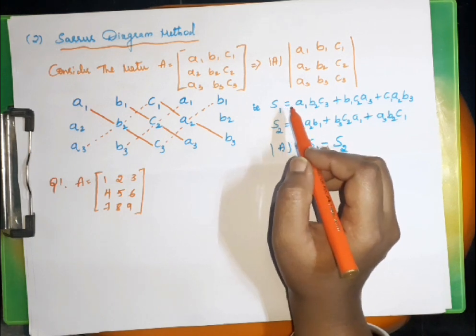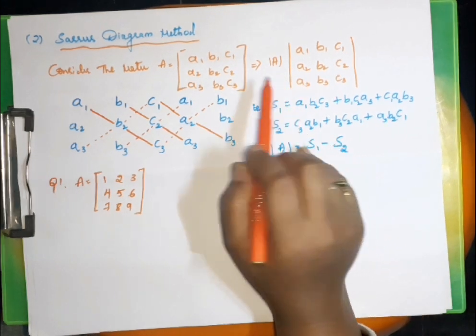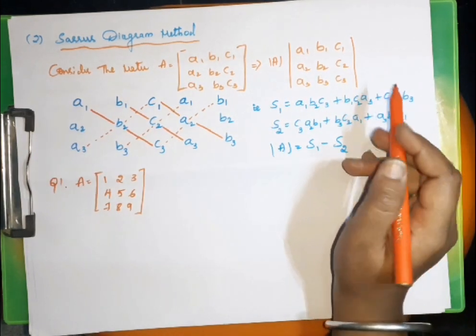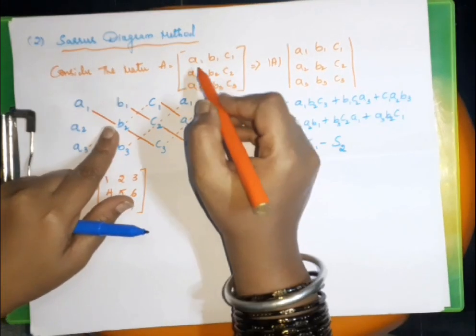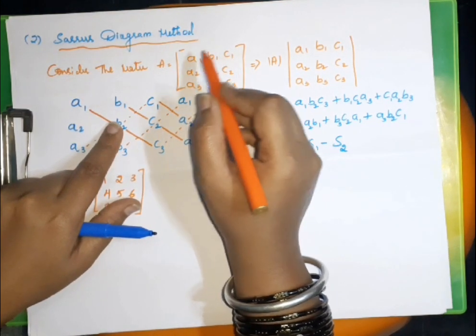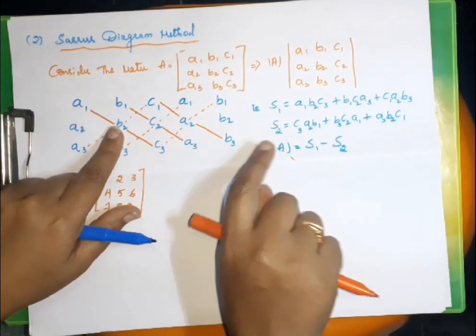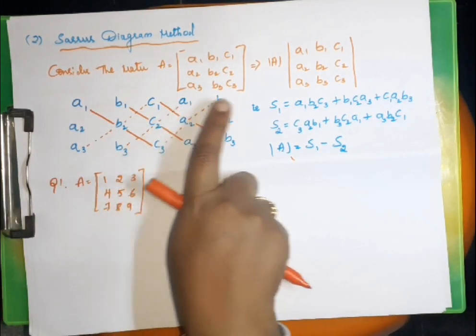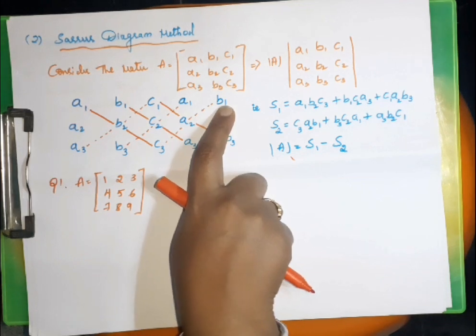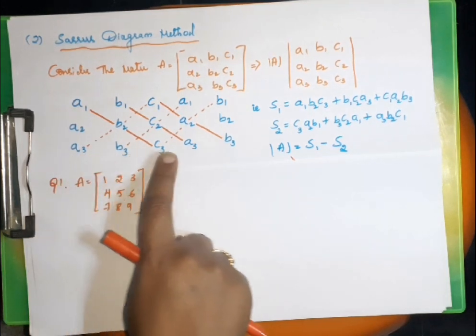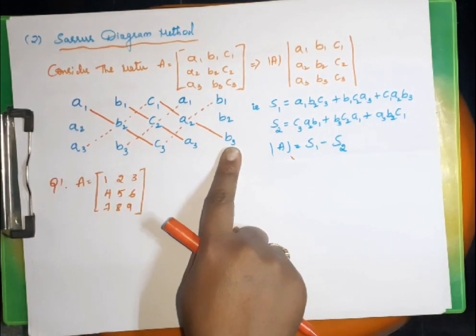If we are considering a matrix A of the order 3 into 3, first we have to write all three numbers of the first row. Again you have to write the first and second numbers. That is what I have written here: A1, B1, C1, again A1, B1. Then A2, B2, C2, A2, B2, A3, B3, C3, A3, again B3.